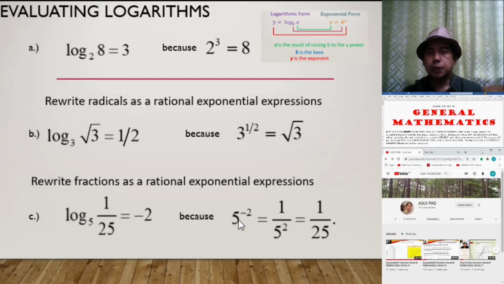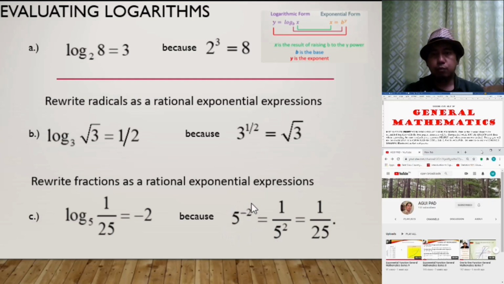Now, you will notice in here, we always recall the laws of exponent, or the properties of exponent, that any number raised to a negative exponent will always be taken into a fractional form, and this negative will always be positive.